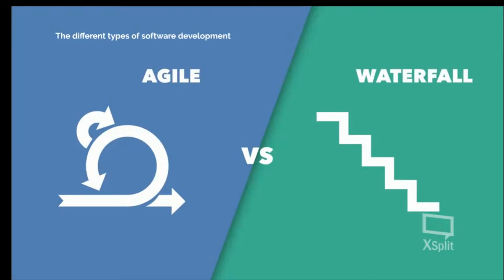Waterfall is really good for very clearly defined systems and for systems that demand very high standards. So this is usually used in military products, in products that have severe certification criteria like medical device products or medical device iOSs. It's good to know which type of software development is being done by our developers.